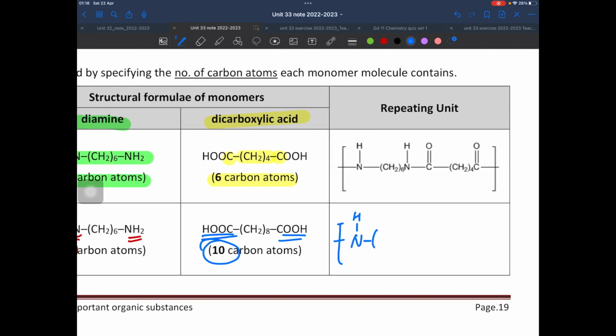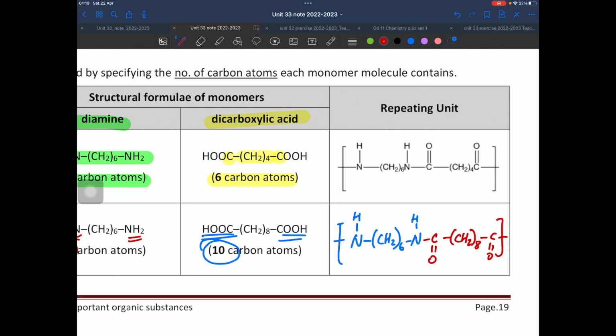The first one, we got 6 carbons in the diamine group, and then followed by 10 carbons. Now pay attention, because we have 2 carbons at the front and the back of the monomer, so only 8 CH2 here. Some students may misunderstand that there are 10 CH2 in the molecule.